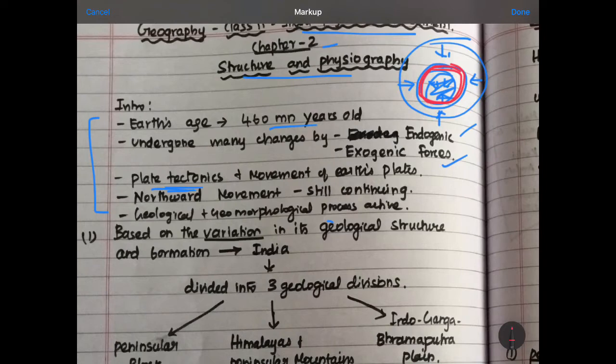Our earth's plates are still moving in a northward direction, and certain changes are happening due to that. So geological and geomorphological processes are still active on earth by nature.